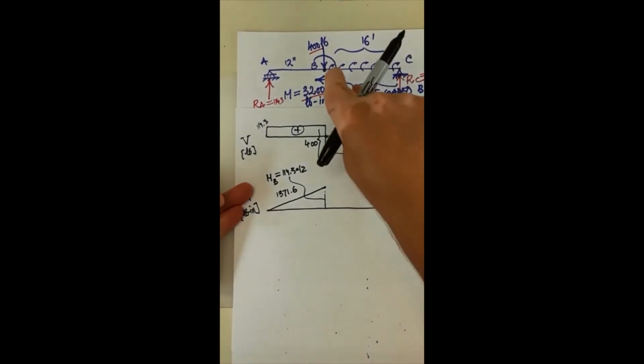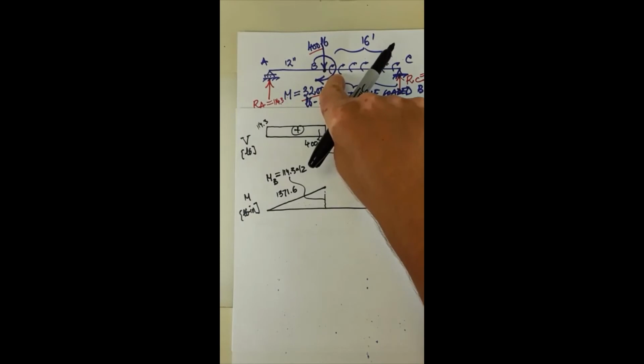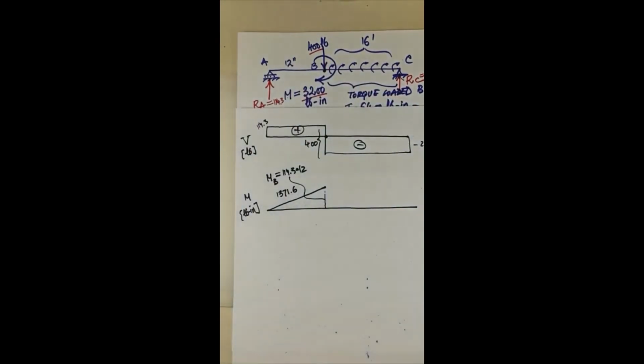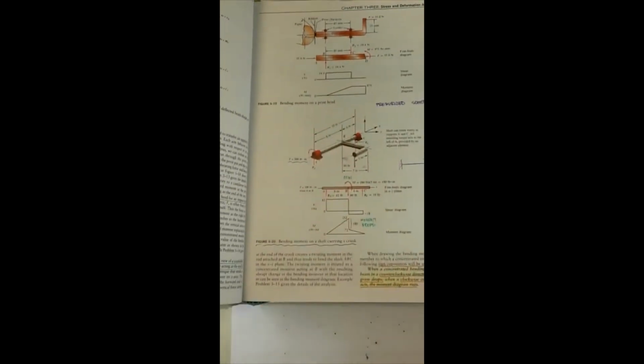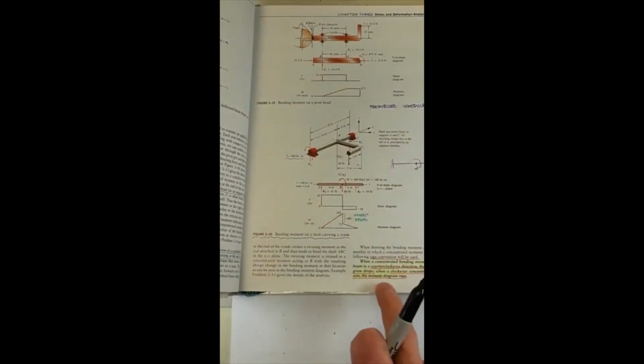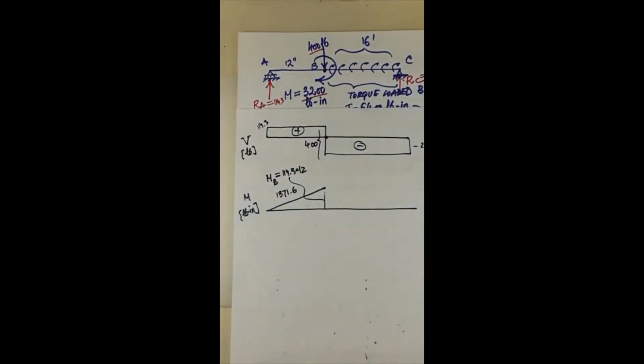No, mistake. I have the concentrated moment, and so there's the sign convention. Going back to the pages where the sign convention for moments is listed: when a concentrated bending moment acts on a beam in the counterclockwise direction, ours is clockwise direction, the moment diagram rises.